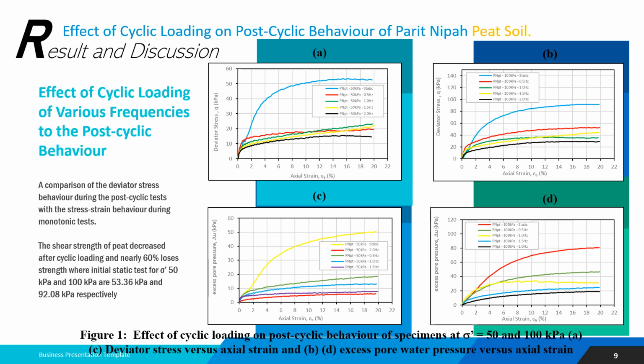The shear strength decreases noted in sequence are patently similar, with 0.5 and 1.0 Hz noted higher than 1.5 and 2.0.